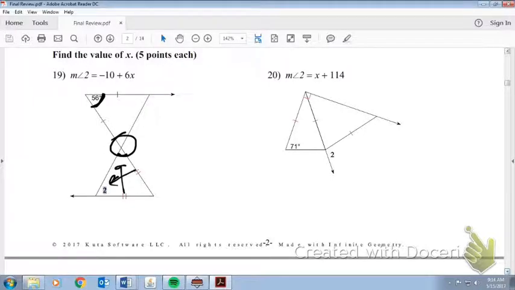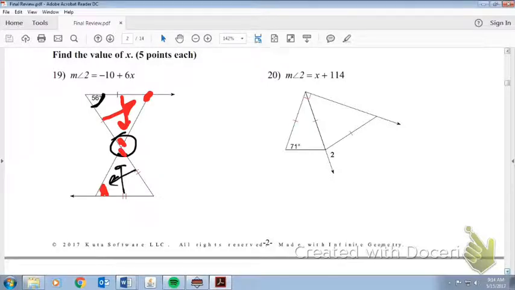Why? Because they're vertical angles. So that means all three of those angles with the red dots are congruent. Now up top we have another isosceles triangle, which means that the base angles are also congruent. So now we have all four of those base angles we've proven to be the same.